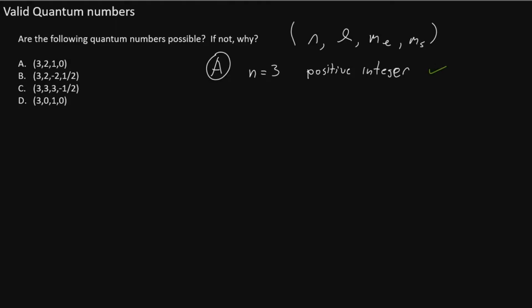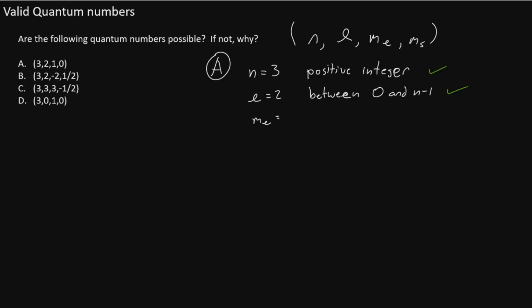Our second number is L. We were given that L was 2 for part A. Our requirement here is that it must be between 0 and n minus 1. n minus 1 is 2, so that's a match. That fits between 0 and n minus 1.